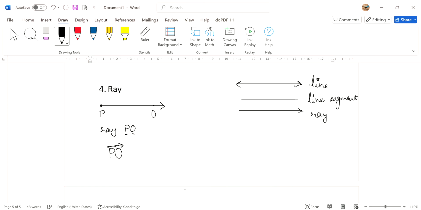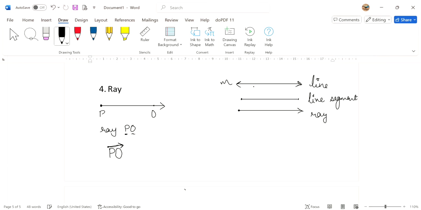Line will have arrows at both ends to show that it is never ending. Line segment will have a point at both ends to show that it is ending at 2 points. It has definite length. Then you have a ray which has a point at one end and an arrow at the other, showing that it has a definite starting point but it doesn't have an ending point.